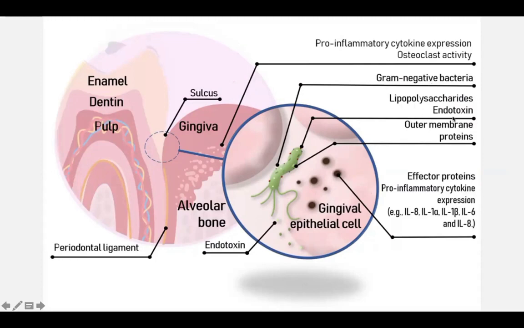And because it is gram-negative, it will release endotoxin and will cause chemotaxis of the inflammatory factors, pro-inflammatory cytokines, interleukin 8, 1 alpha, 1 beta, interleukin 6. 1 and 6 cause fever and chemotaxis. Okay, we need to revise those. So this is how it works.